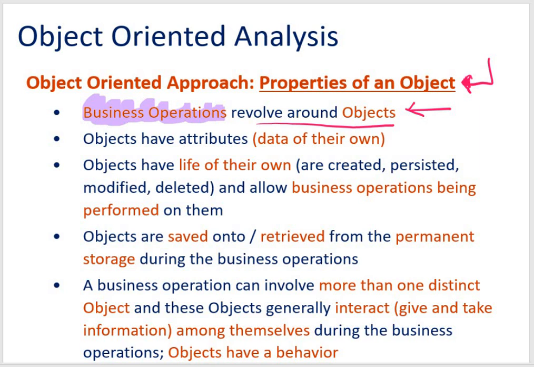Your objects have attributes, that means the data of their own. Your objects have a life of their own. That means they are created, persisted, modified and deleted, and allow business operations to be performed on them.